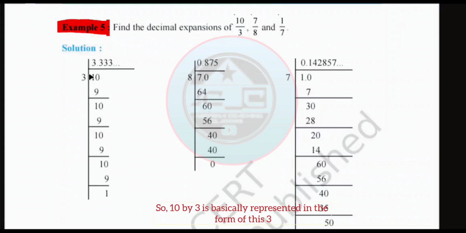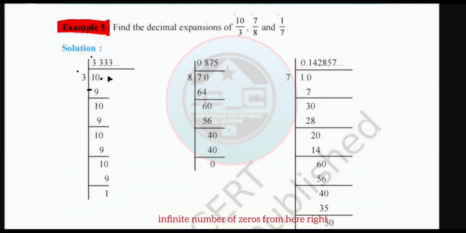So 10 by 3 is represented in this form. 3 3s are 9, subtracting we get 1. After putting the decimal, we can have an infinite number of zeros, so we bring 1 zero down. Then 10, again 3 3s are 9, again 1, again a 0 comes down, like this.